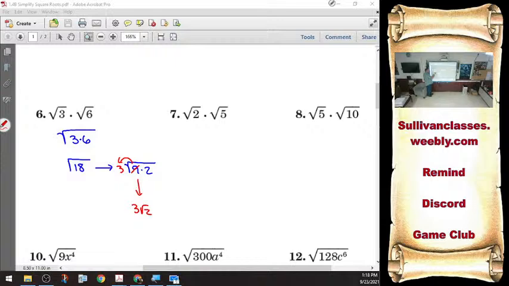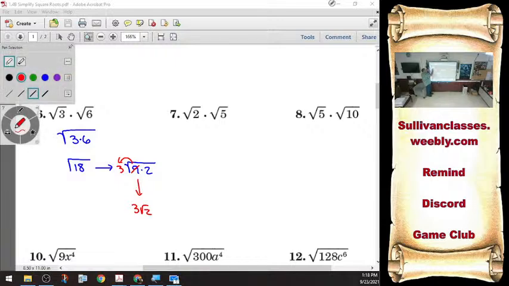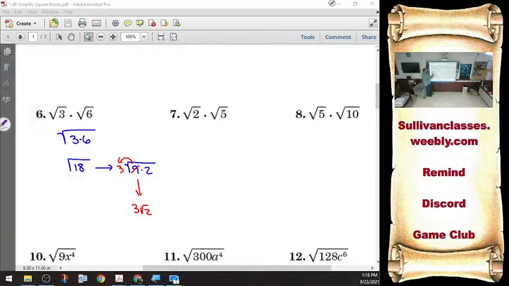When I was right here, I could have just left it like this and instead side quest 3 times, maybe I break up 6 into 3 times 2. You see that? If I knew that 3 times 6 was 18 and 18 was not my perfect square, maybe I just don't multiply them together when I write it.